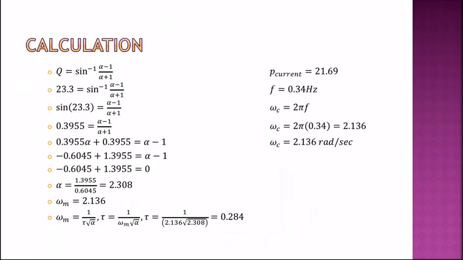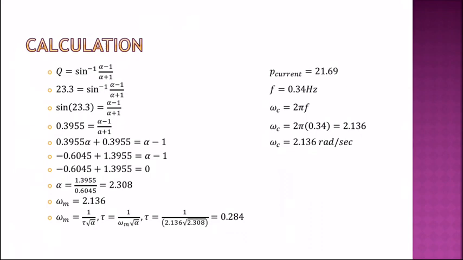But we need to find omega of the system, so we need the radian value. So we multiply by 2 pi f to get omega c, and after multiplying it, we got the value of 2.136 radians per second. In order for us to design a compensator of the system, we need the value of alpha and the value of tau. Okay, so we need to find alpha first.